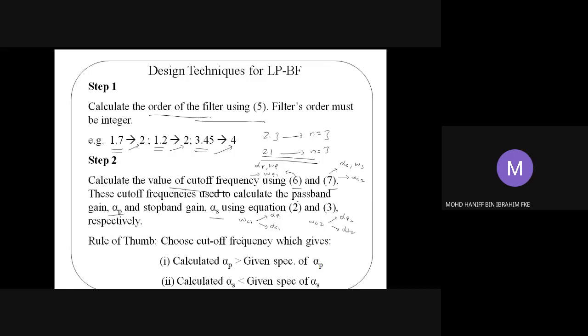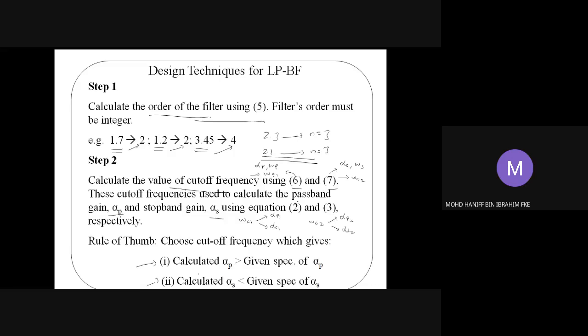Once you have these two pairs of alpha p and alpha s, you need to choose which of these cutoff frequencies, whether it's omega c1 or omega c2, will give us the required ability.